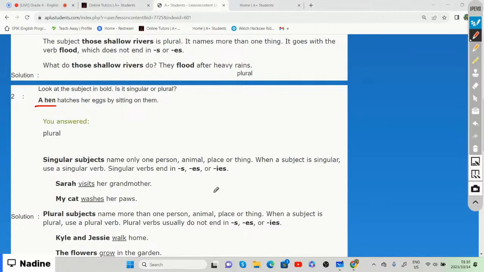Is that singular or is that plural? So a hen, is a hen singular or is a hen plural?